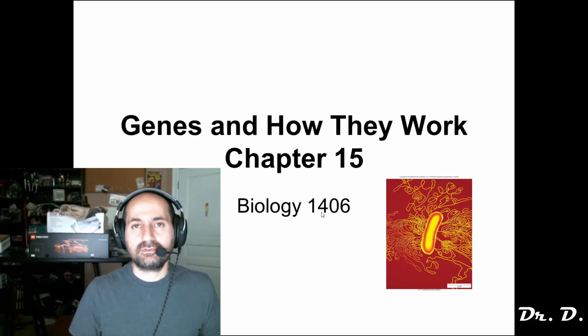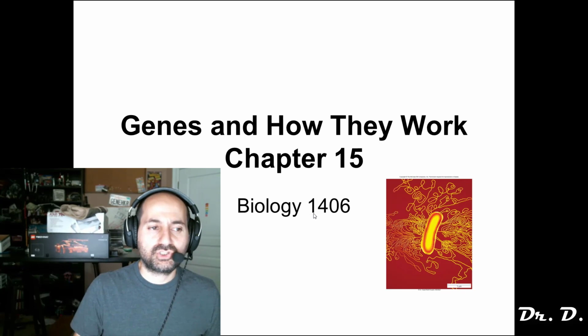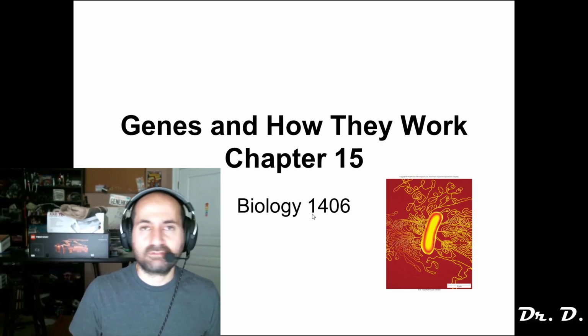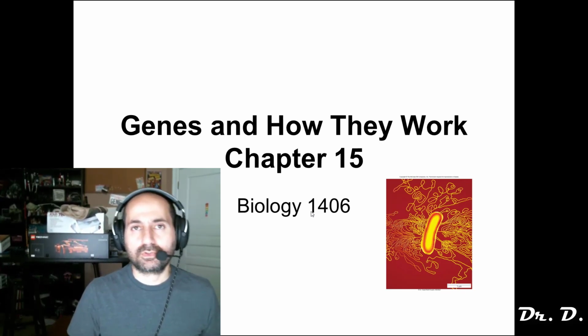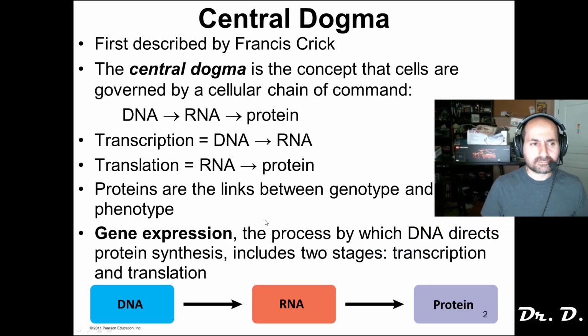So I've been telling you throughout the semester that genes are the genetic information that codes for a particular protein. And this is called gene expression, how the DNA, a gene, eventually codes for a protein. Remember what I've been saying, DNA.